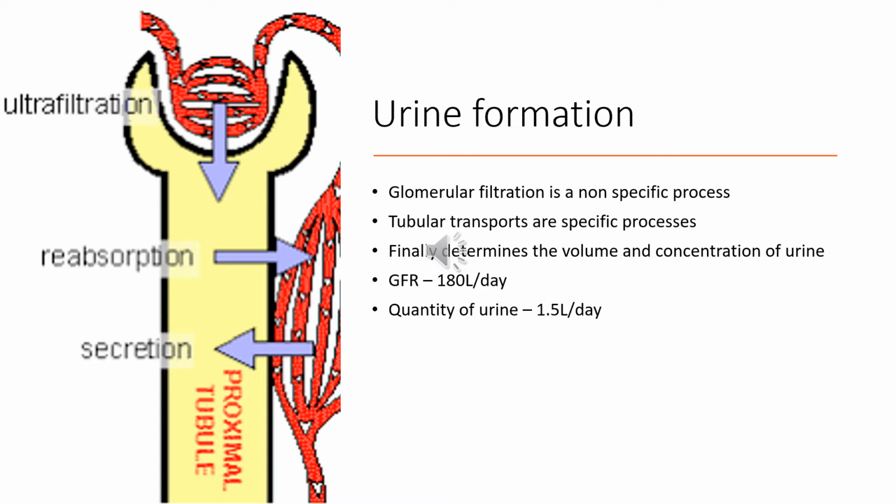So we can say that glomerular filtration is a non-specific process because the mechanism of filtration is not different for water and the various solutes. Whereas tubular transports are selective processes because they have different transport mechanisms for different solutes and water, and it varies in the different regions of the tubule.